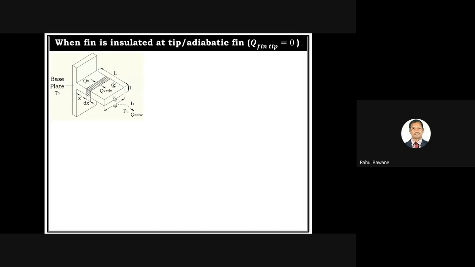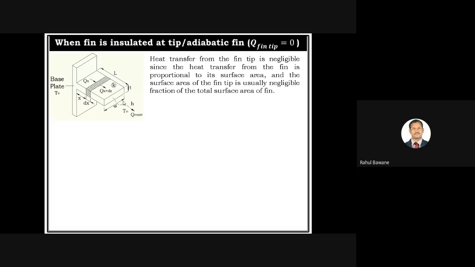So for a fin having an insulated tip, the derivation for excess temperature is different. First we will see that. Heat transfer from the fin tip is negligible since the heat transfer from the fin is proportional to its surface area.